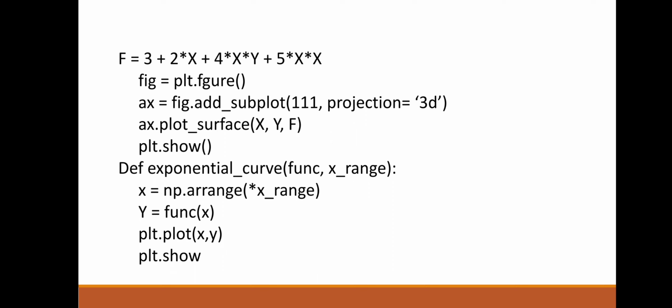So we are going to display this figure. We are going to define another exponential curve that has a range and the y-axis as a function of x. Now we are going to plot this as x comma y and display it.